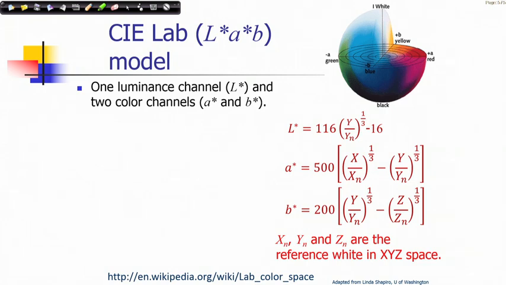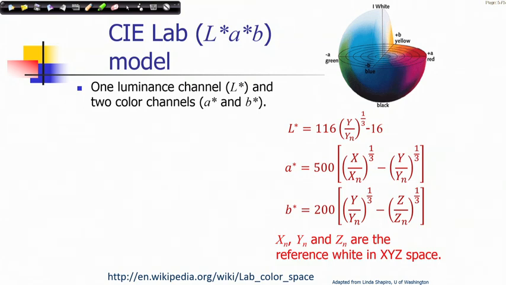Almost all the components of XYZ would be equal, but they may not be exactly equal. So, this is a kind of calibration you need to do with respect to your system. So, find out what is the definition of white in your system, and it is a kind of white balancing operation in the color representation.